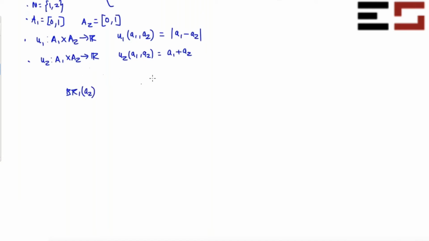So basically you have to maximize this, maximize with respect to a1 the utility of player one, taking as given a2. So do this.